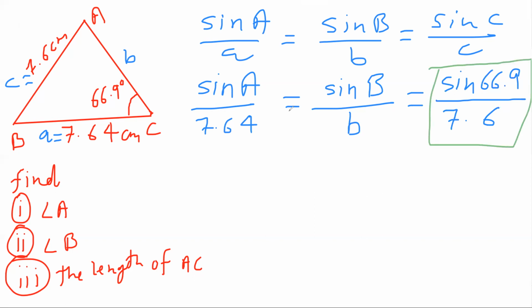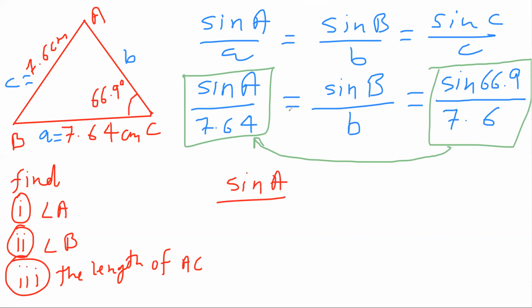So let's continue, and first compare this with this. Let me write it again as sine A over 7.64 equals sine of 66.9 over 7.6.